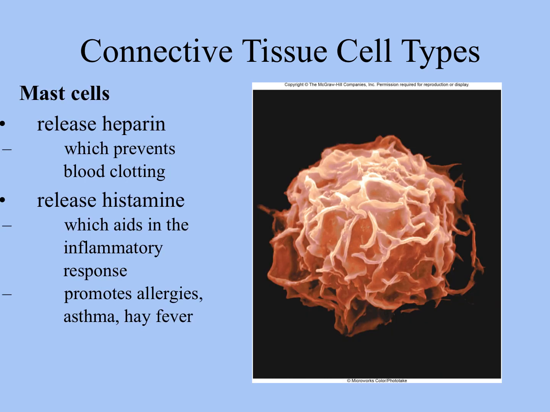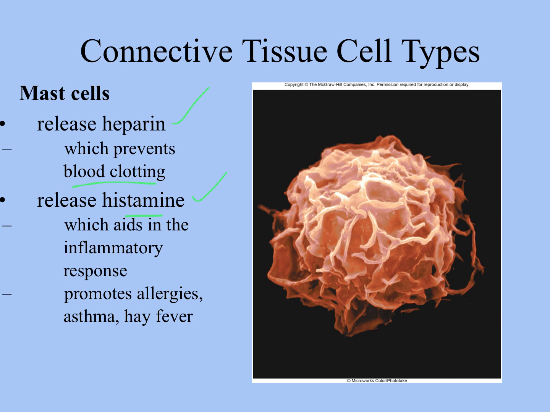Mast cells, although they are a type of connective tissue cell, do not originate in connective tissues. They originate in the bone marrow along with other white blood cells. But once they take up residence in connective tissues, their job is to take part in inflammatory responses by releasing heparin, which prevents blood clotting, so blood can move more freely through an area where inflammation is taking place, and release histamine.